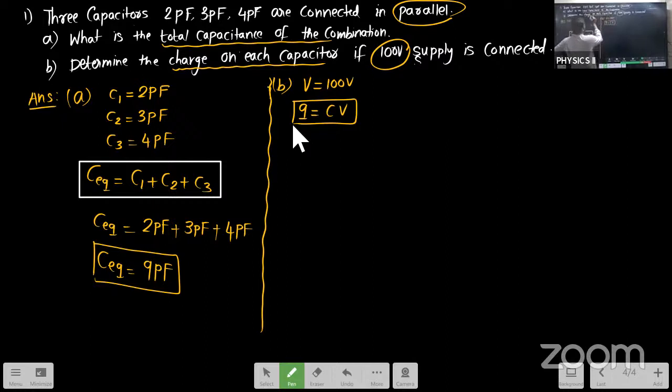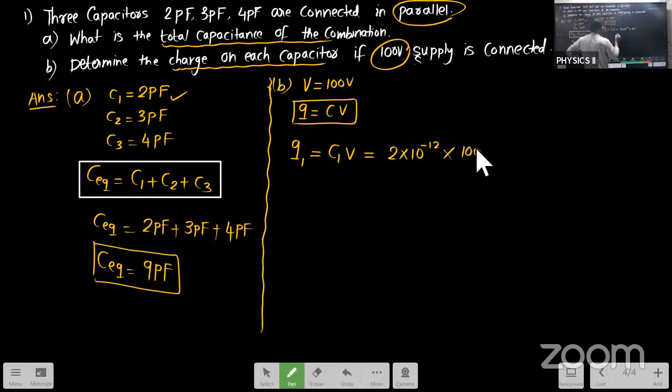Now, charge on each capacitor. Charge on the first capacitor is given as Q1 is equal to C1 into V. What is the value of capacitor C1? It is 2 picofarad. Pico means 10 power minus 12, into potential 100.